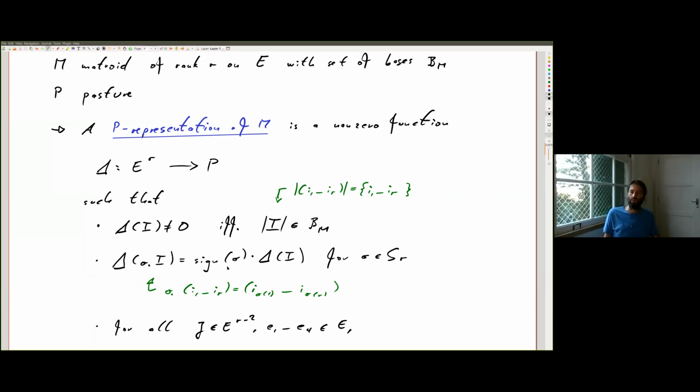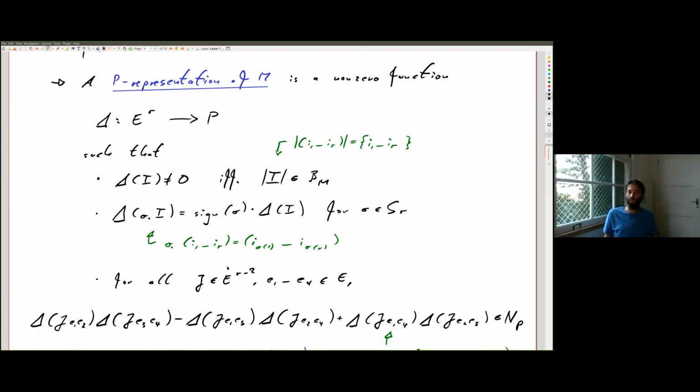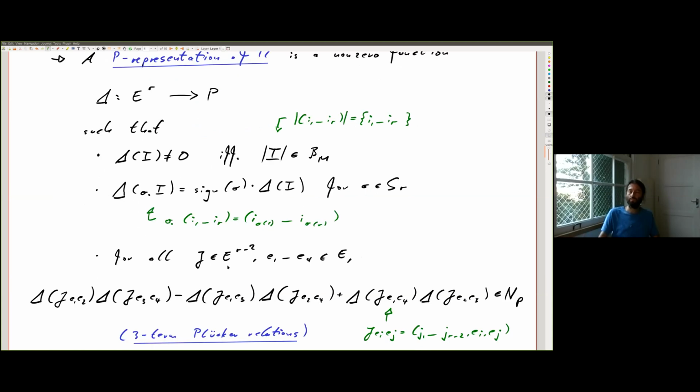And then the third condition is that the three-term Plücker relations are satisfied. So for all r minus 2 tuples J in E, and for all elements e1 to e4 in E, we have that this expression here is in the null set. These are the three-term Plücker relations, which also show up in the definition of the Grassmannian.